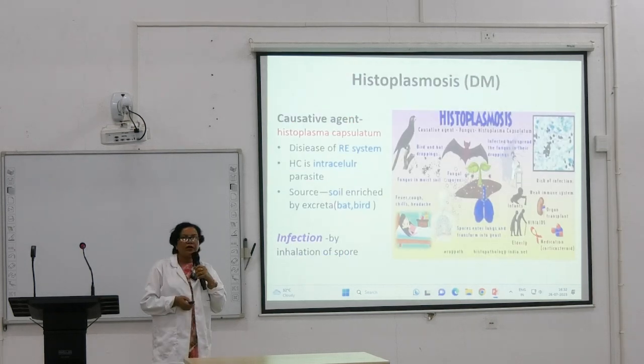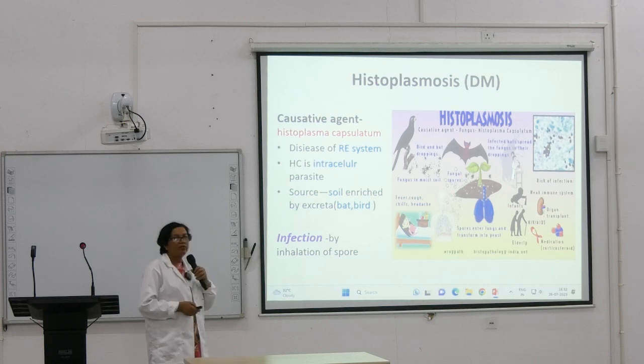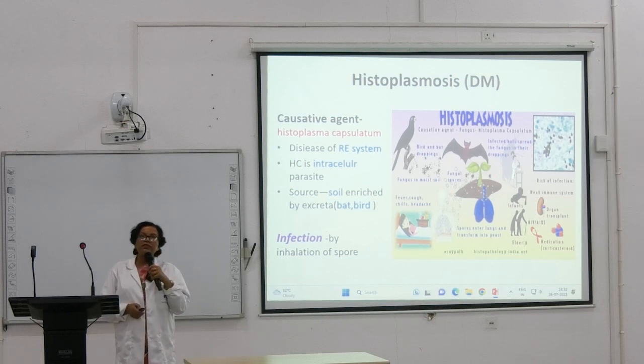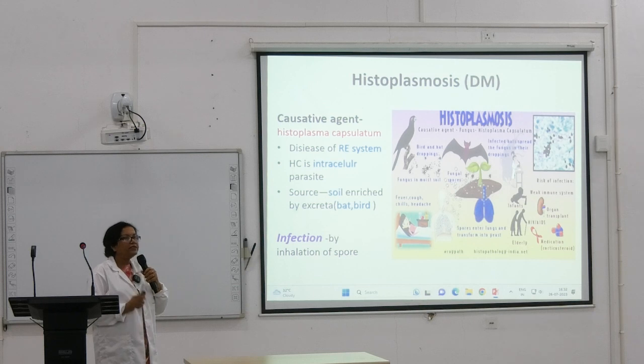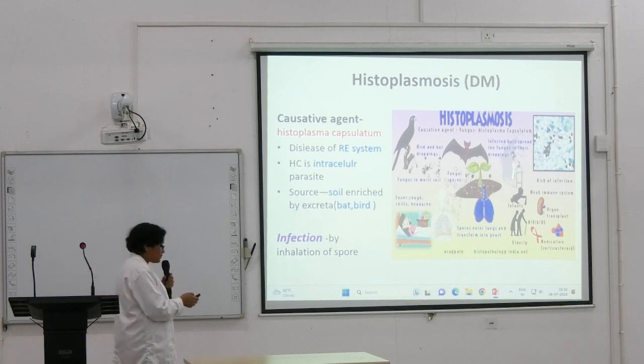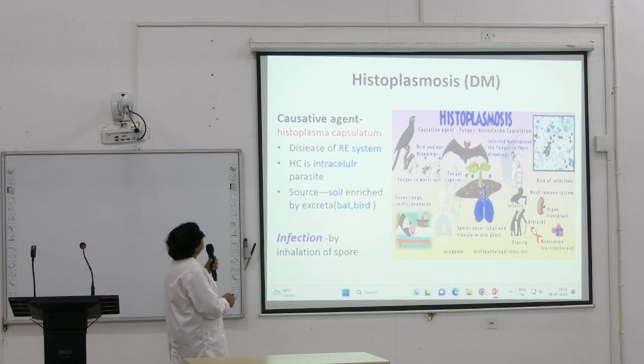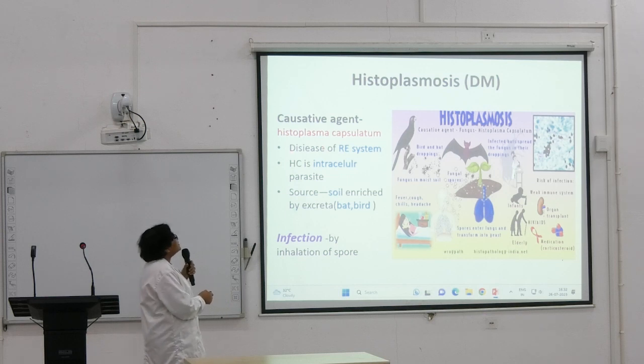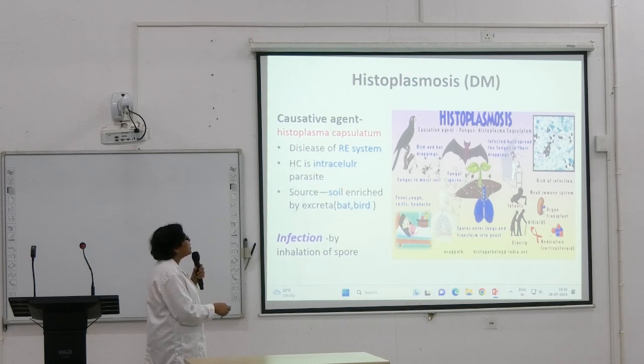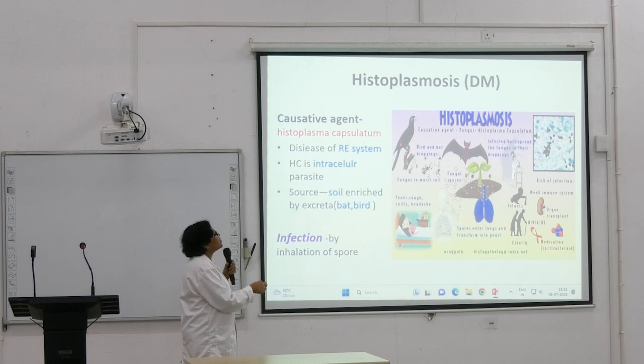Next, dimorphic fungi, Histoplasma capsulatum, causing histoplasmosis. The disease is histoplasmosis. It is a disease of the RE system, reticuloendothelial system. It is an intracellular parasite. Source: soil enriched by excreta of bat and bird. You can see this is a bat, this is a bird.